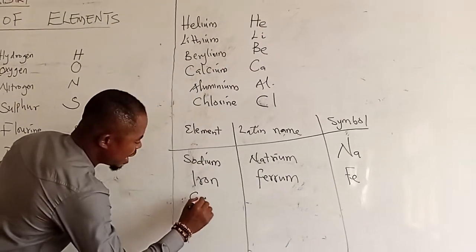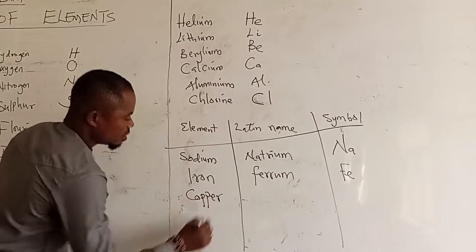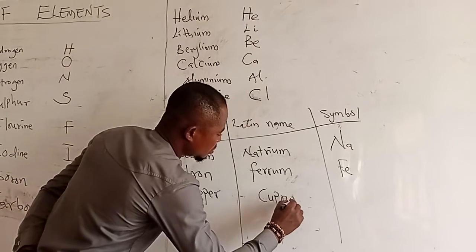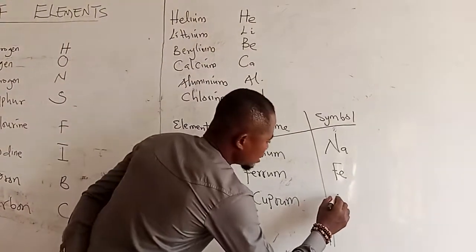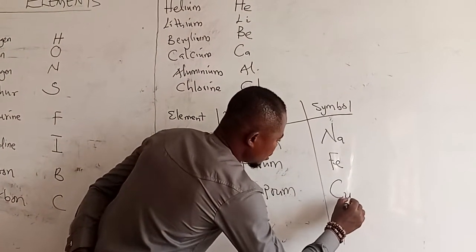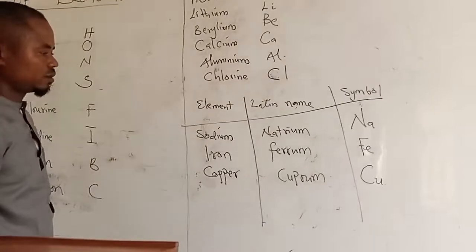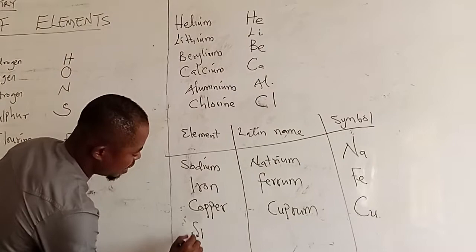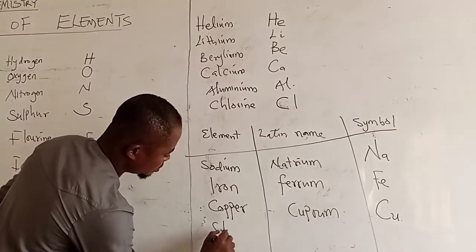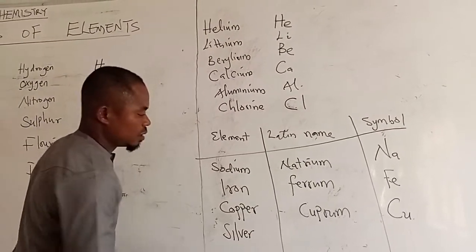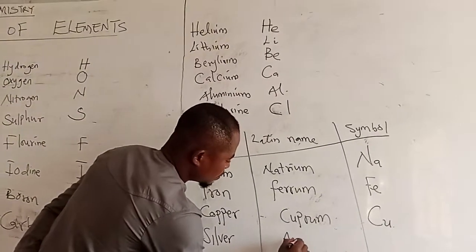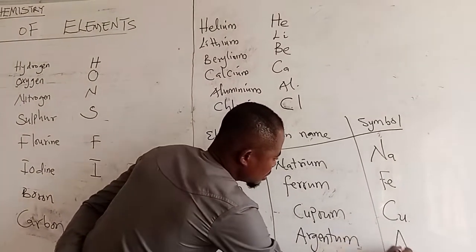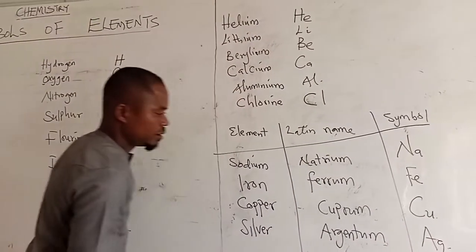We have copper, the symbol is derived from the Latin name cuprum, written as Cu. We have silver, derived from the Latin name argentum, written as Ag.